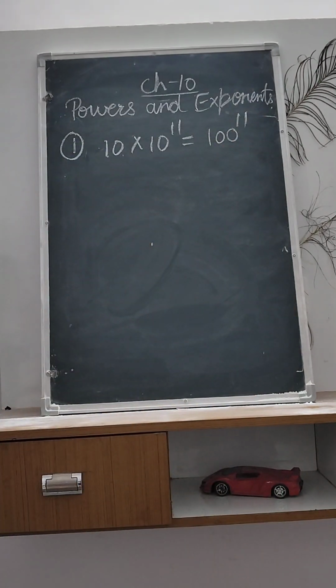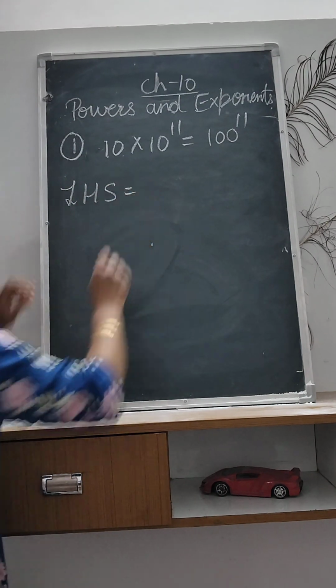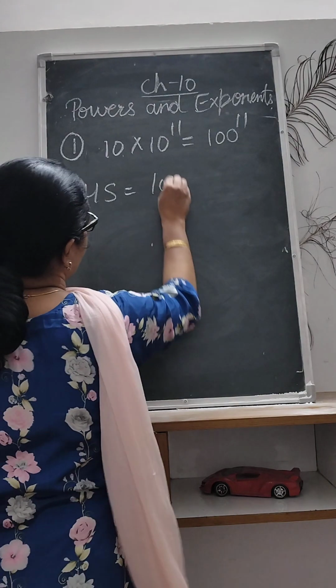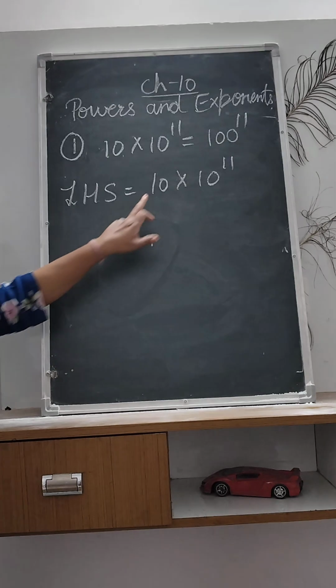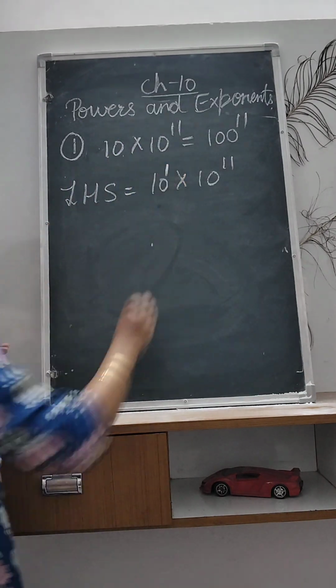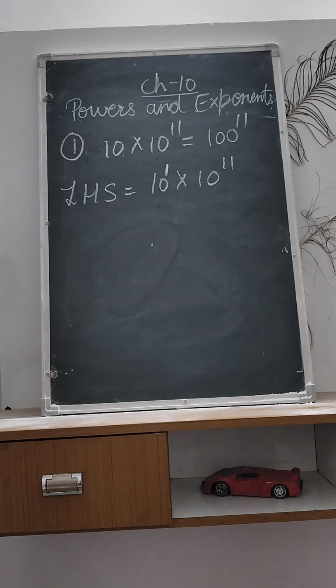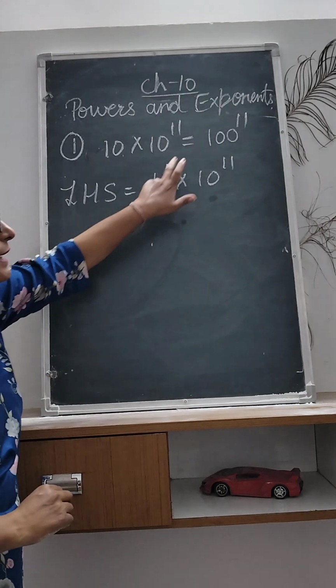Now students, if you see the left hand side, what is given: 10 into 10 raised to power 11. If nothing is written on the top, it means it is 1. Now what is the base? Base is 10, powers are 1 and 11.